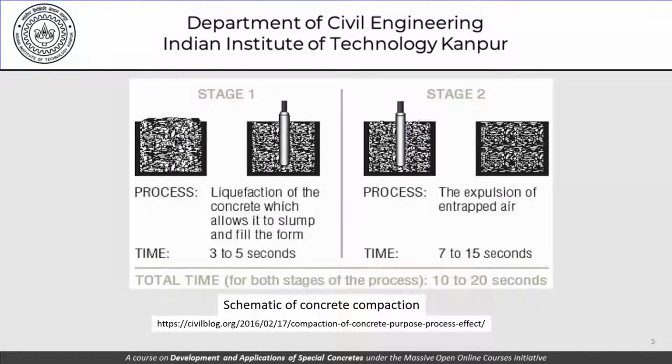This picture here shows a schematic representation of the stage 1 and the stage 2 of the compaction process. The stage 1, which involves the liquefaction of the concrete, which allows it to slump and fill the form, takes about 3 to 5 seconds. That's what's stated here. As far as stage 2 is concerned, which involves largely the expulsion of entrapped air from within the concrete, that takes about 7 to 15 seconds.